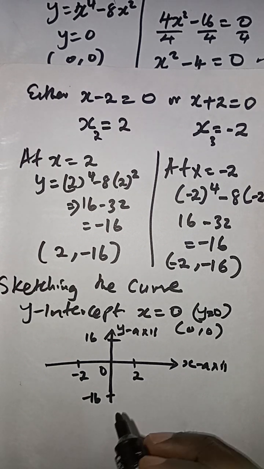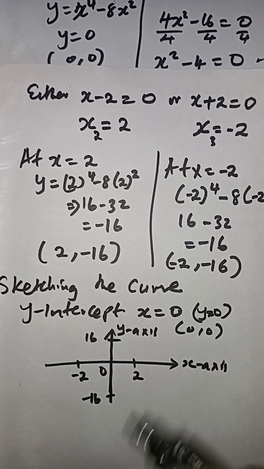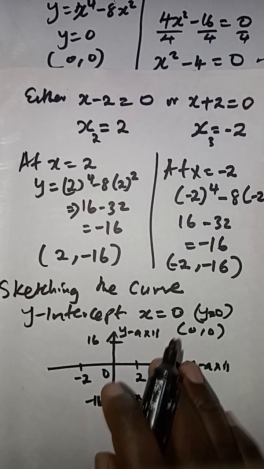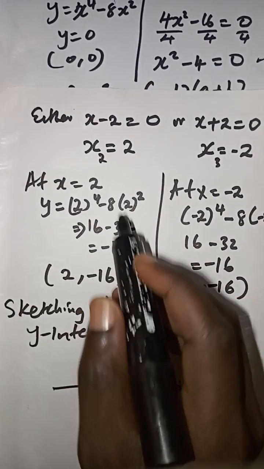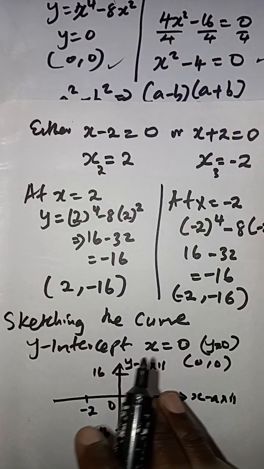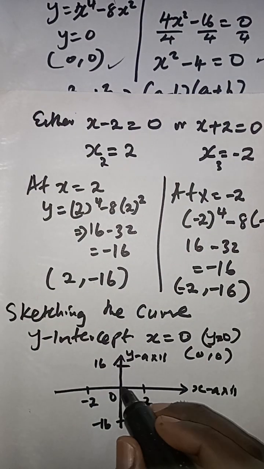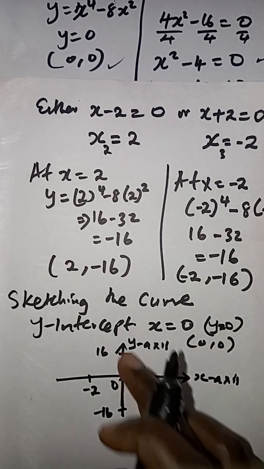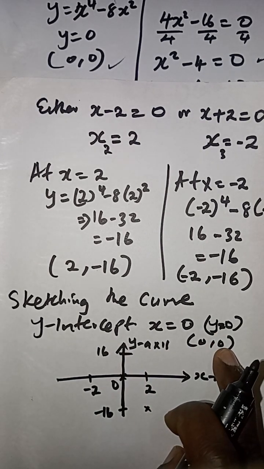So this curve is turning at (2, negative 16). I can indicate it there. It is also turning at (0, 0), so it is also going to turn there. And it is also cutting the y-axis at (0, 0).